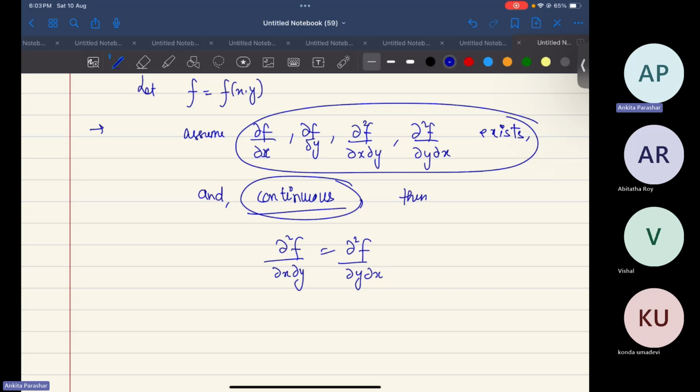Not even higher dimensions. I'm saying suppose I'm just taking a function in one variable. It is a compulsory thing for a function to be continuous at a point in order to be differentiable. For a function in one variable, it must be continuous at the point in order to even test for differentiability.